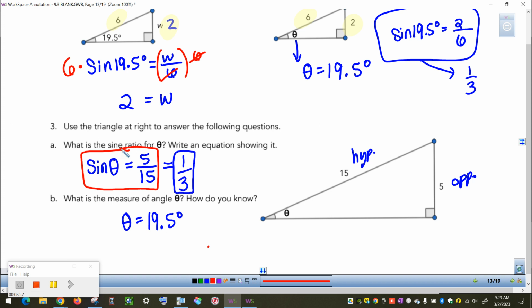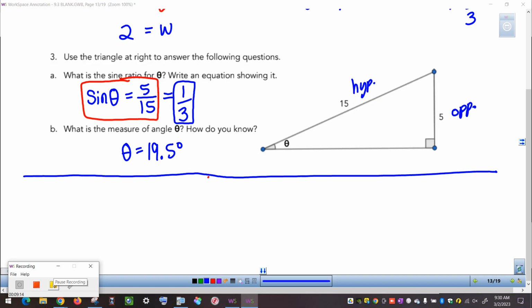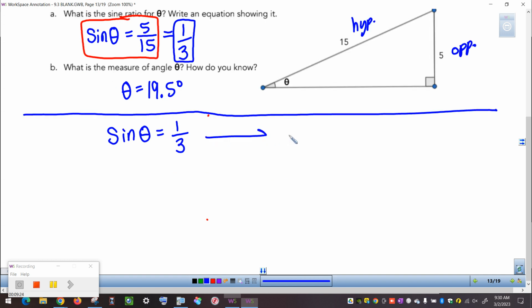And here's how that looks. All right, so let's say that we know the sine of some angle is equal to 1/3, like we have in this problem. If we do the inverse sine of 1/3, that's going to equal the missing angle measure that we're looking for.